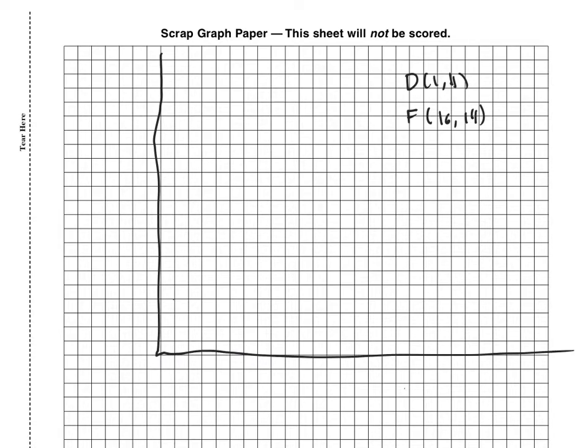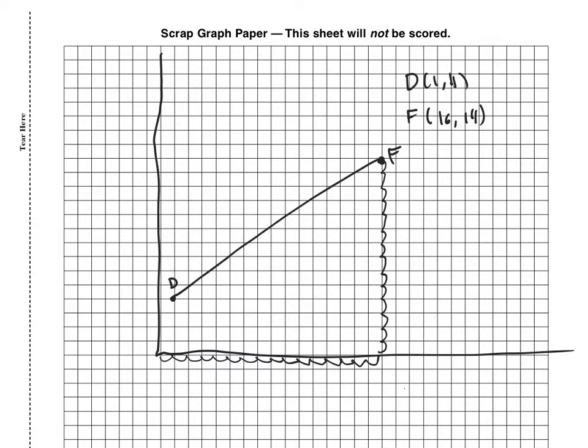So we got 1, 4, which is right here. This is point D. And then we have 16, 14. So let's count that. 1, 2, 3, 4, 5, 6, 7, 8, 9, 10, 11, 12, 13, 14, 15, 16. And then 14 up. 1, 2, 3, 4, 5, 6, 7, 8, 9, 10, 11, 12, 13, 14. All right, this is point F. We're going to connect that with a line to the best of our abilities, like so.